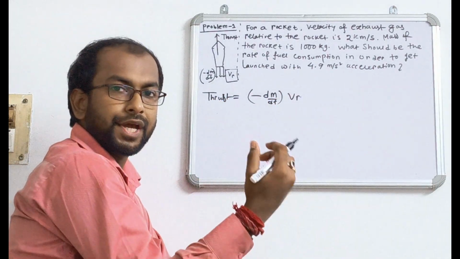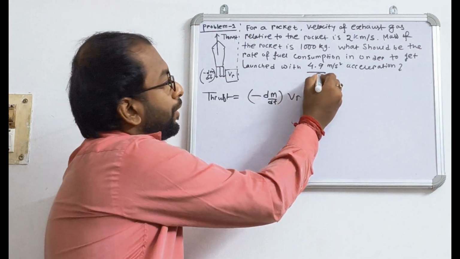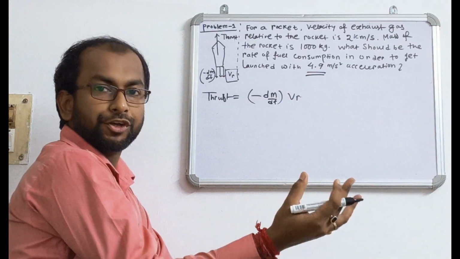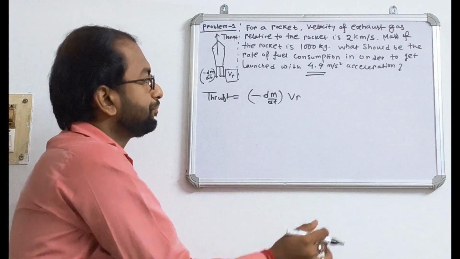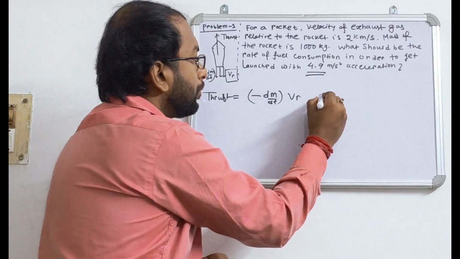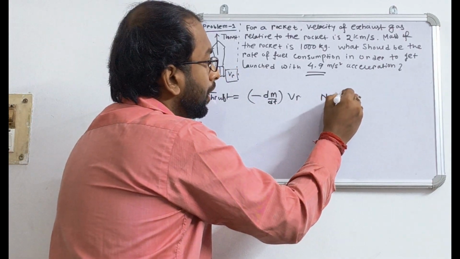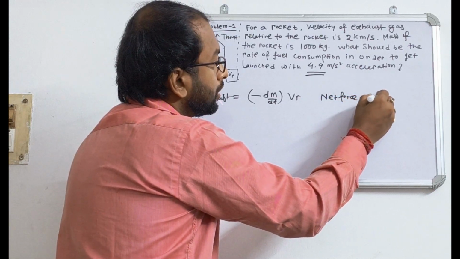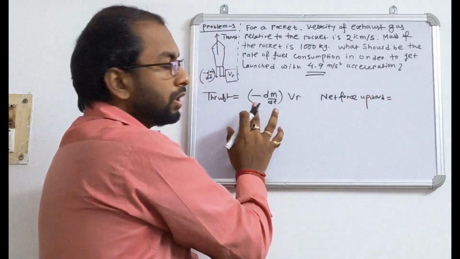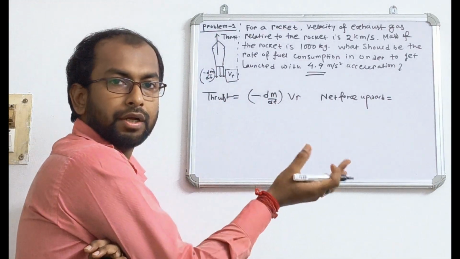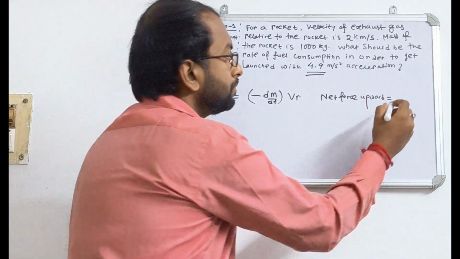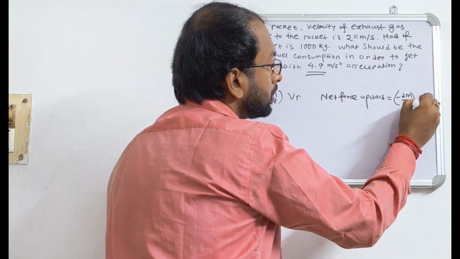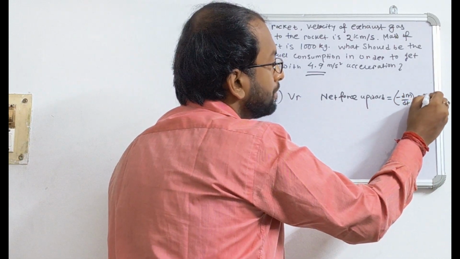Now, as it is getting launched with an acceleration of 4.9 meters per second squared, it has to overcome the gravitational force, or its weight. So the net force upward will be equal to the thrust force generated due to the fuel exhaust, minus its own weight mg.